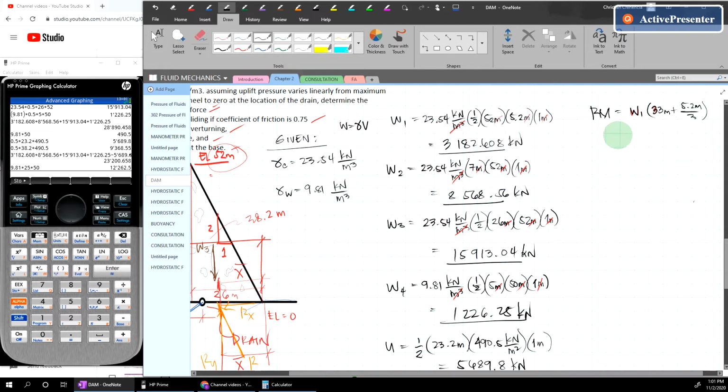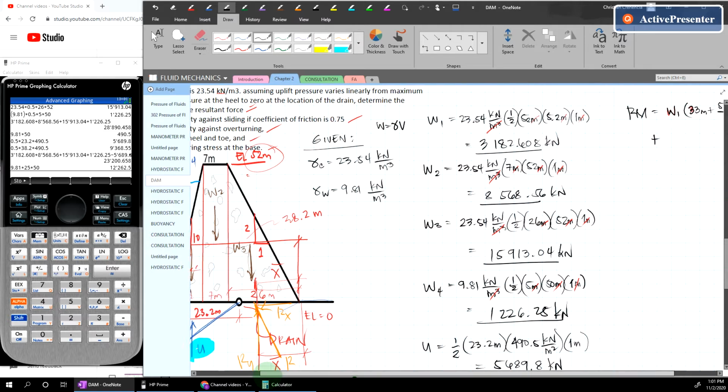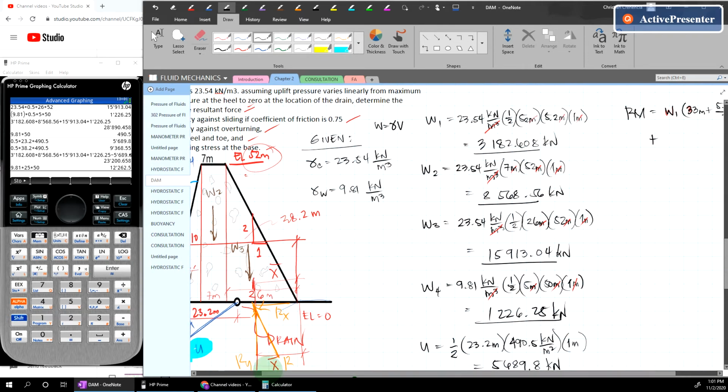Okay? Then, plus, so yung weight 2 natin, ang moment arm niya is, meron tayo ditong 26. So, from toe is 26 plus kalahati ng 7. So, that is 3.5. So, we have 29.